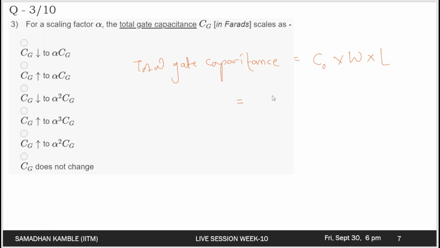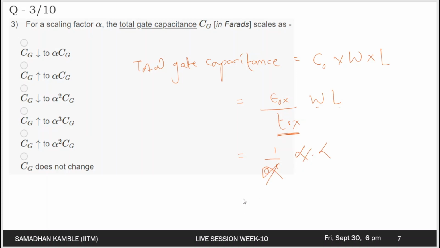So we know that C naught, which is our capacitance per unit area, is given by epsilon oxide by T ox, times WL. We know that the thickness of the oxide is also scaled by 0.7, that is by alpha, and these are also scaled by the same factor. So we can write 1 over 0.7 or 1 over alpha, times alpha times alpha, alpha gets cancelled.